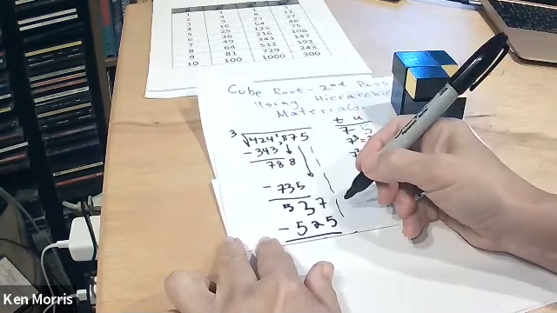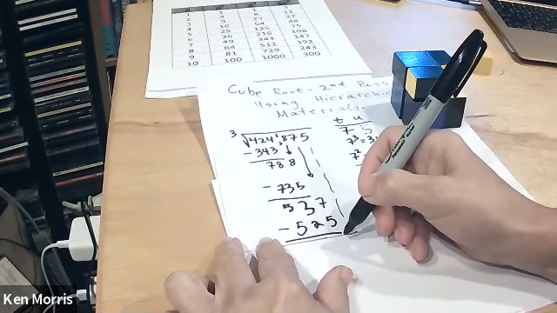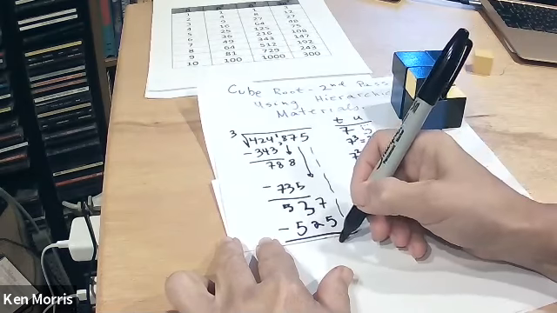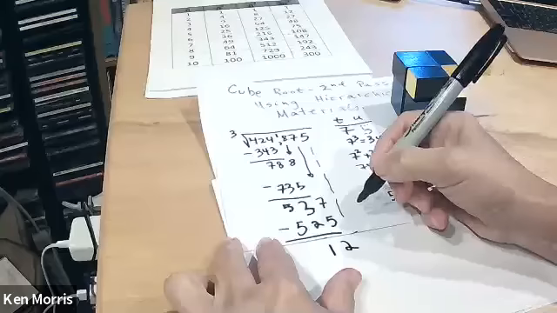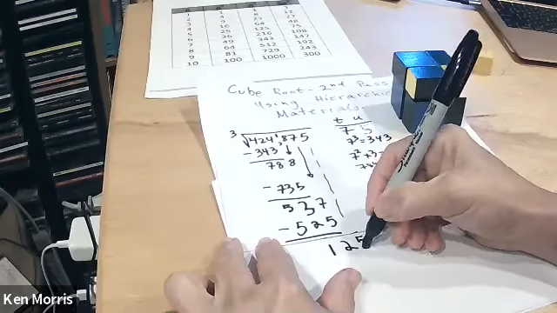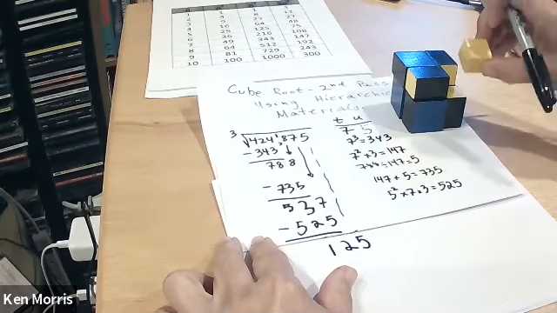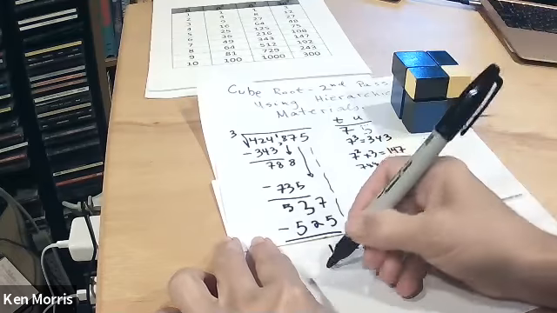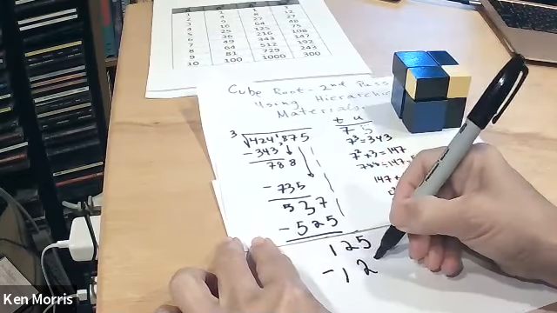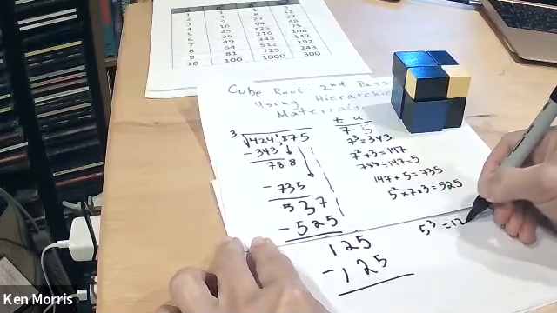If I subtract that, I get 2 here, 1 here. I bring down the 5, okay, and I see that to complete my cube, I need to add a 5 cubed, which of course is 125.